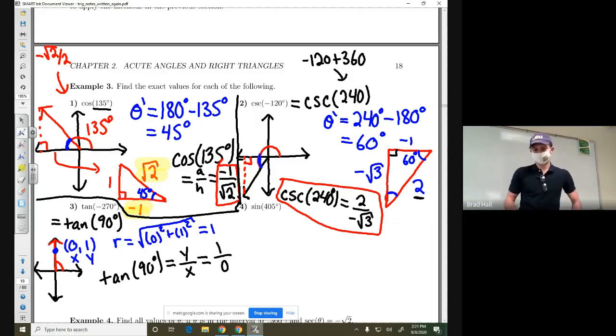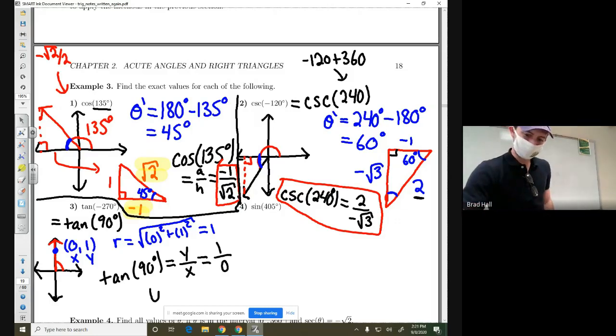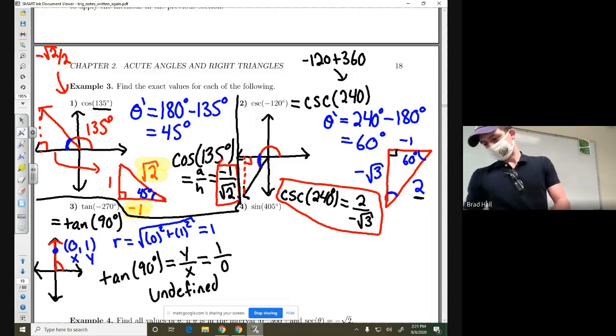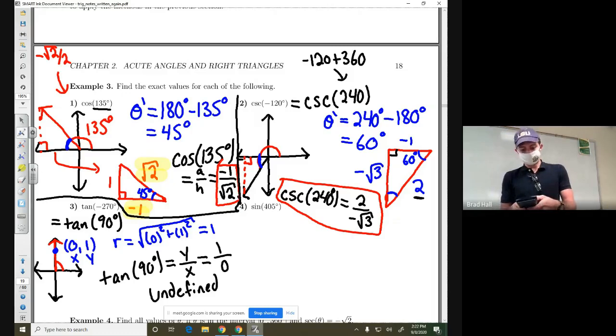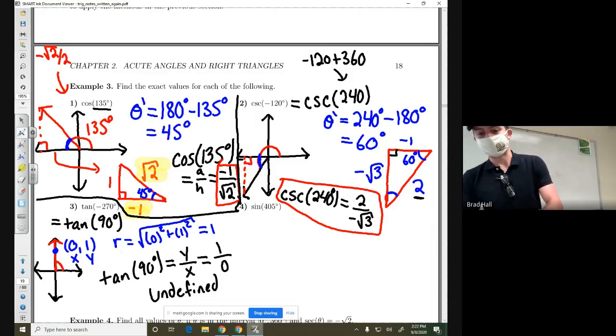That's interesting. You get 1 divided by 0. That doesn't look right. So is it undefined? Now what does the calculator say? Tangent of 90 degrees. Yep, it's undefined. So that's how you conclude. You cannot find the tangent of 90 degrees. It's just undefined.